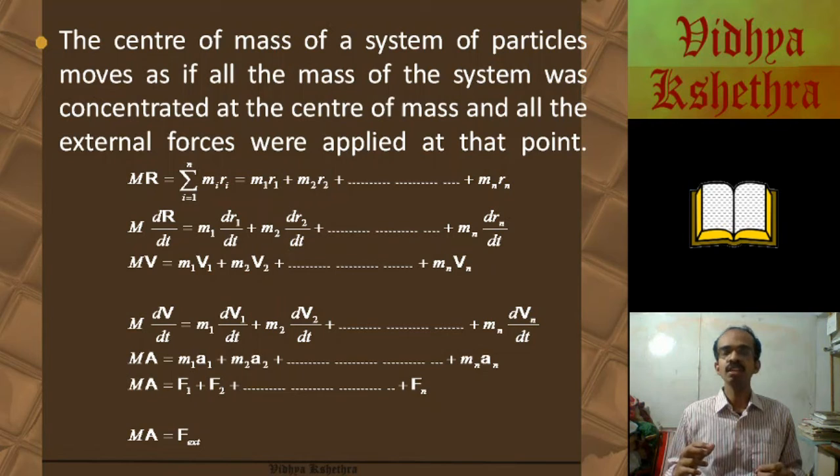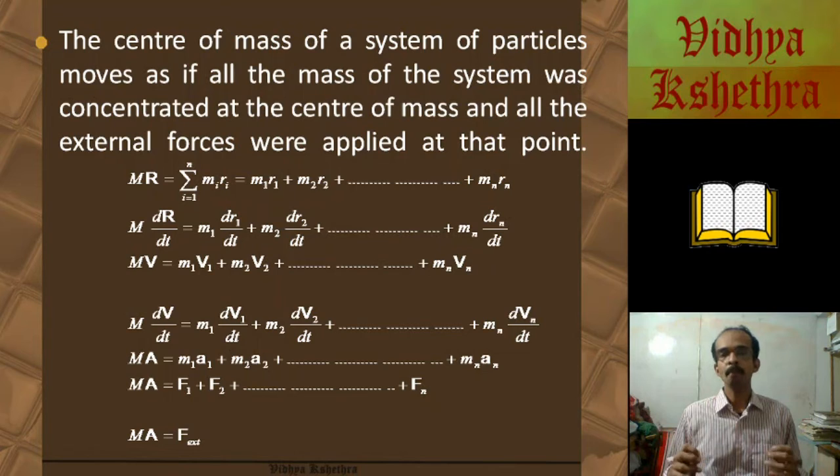Now we will again differentiate both sides. That is M dv by dt is equal to m1 dv1 by dt plus m2 dv2 by dt, etc. plus mn dvn by dt. That is dv by dt, which is the rate of change of velocity, is acceleration.